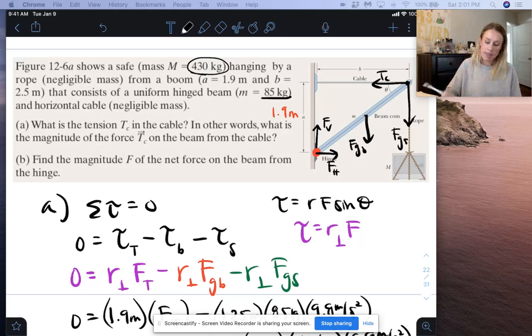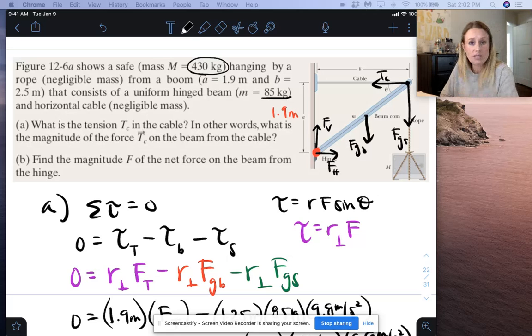Okay, so in order to find the vertical force and the horizontal force, we want to look at all the forces in the horizontal direction and all the forces in the vertical direction. Because we're at equilibrium, net force is equal to 0. This means net force horizontal is equal to 0, and separately net force vertical is equal to 0.